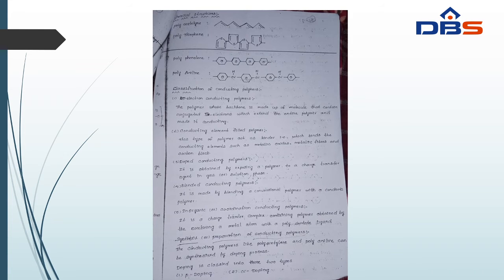Now the chemical structures. That is polyacetylene. And polythiophene: thiophene means sulfur, the oxygen atom replaced by sulfur. And polyphenylene means benzene attached to benzene.